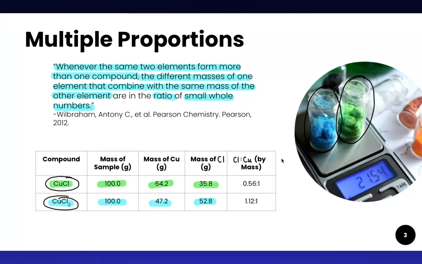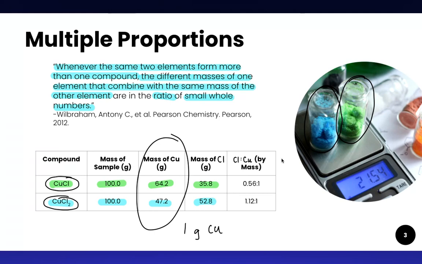In order to find the small whole number ratios of chlorine, what we're going to have to do is set the mass of copper equal to each other. So we want to compare when we have exactly, let's say, 1 gram of copper, how many grams of chlorine do we have for each of these?